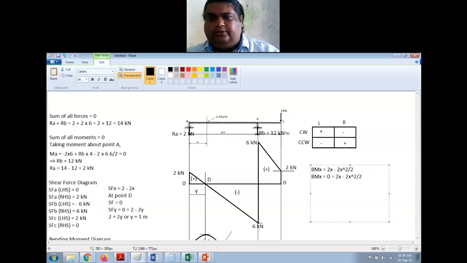What do you get? 2x minus 2x square by 2. So it will be a quadratic equation. Anybody has a calci can solve this?